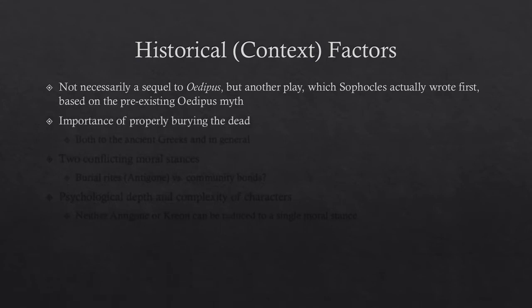Something that's really important here: the whole play hinges on the idea of properly burying the dead, which is an important part of Greek society going all the way back to the Iliad. I mean, that's what drives Achilles back into the war when Patroclus' body is being disrespected, and then he disrespects Hector's body.